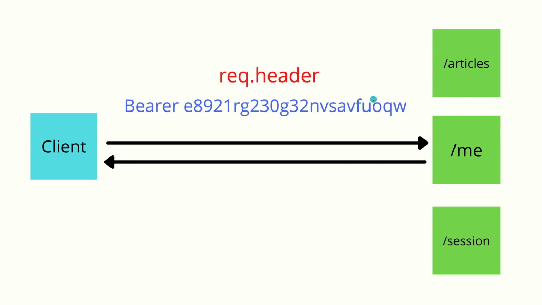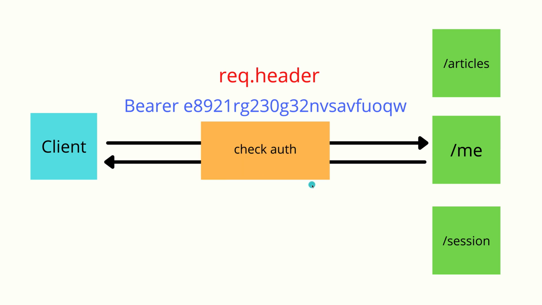Well, there actually is. For all of our authenticated routes, we can define something called a middleware. This middleware is going to essentially intercept the request and perform some logic. And then if everything is all fine and dandy, it's going to take that request and send it to whatever route we want to send it to.